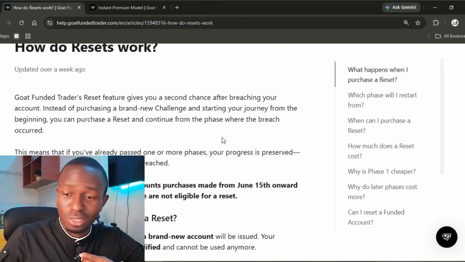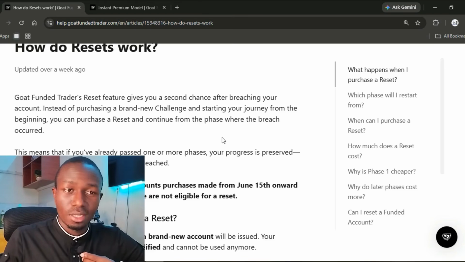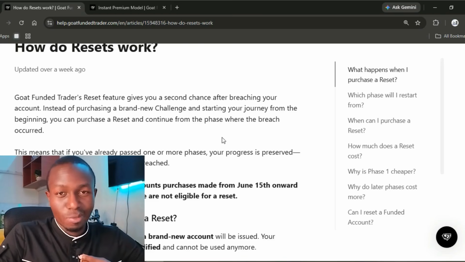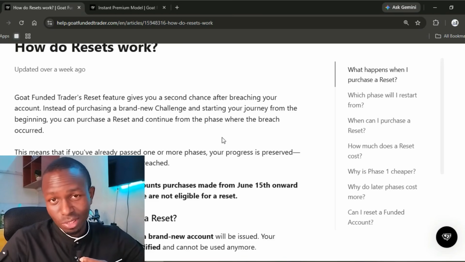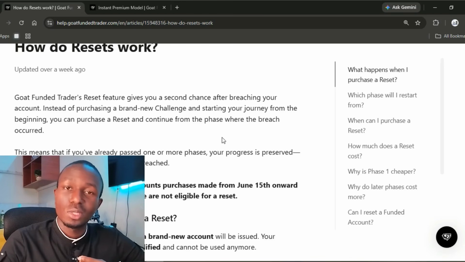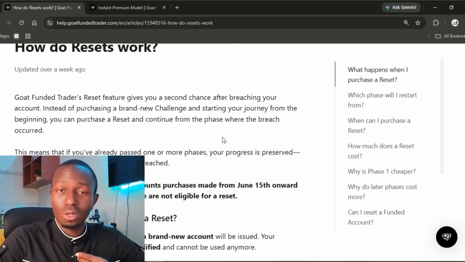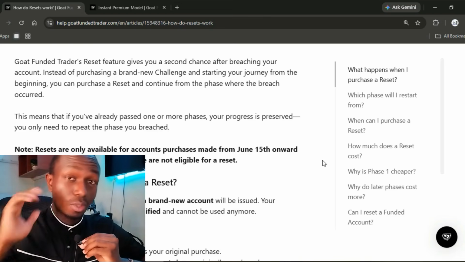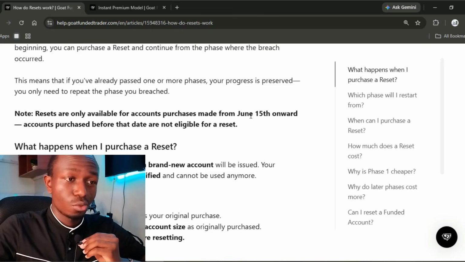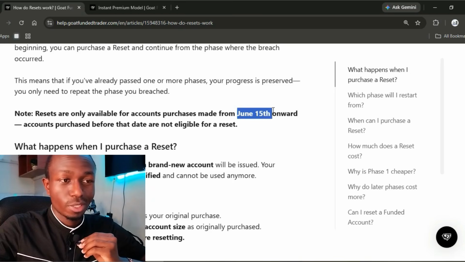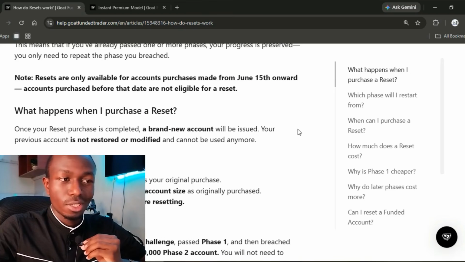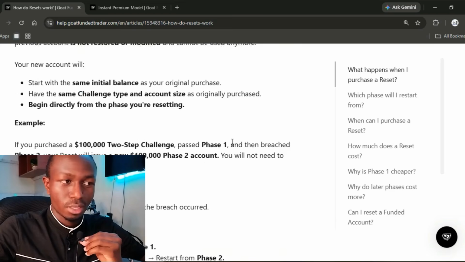You open some positions, you make a mistake, you put the wrong lot size, something like that. Now you can reset your account. If you're funded, you can reset it and get a funded account back. You don't have to go back to phase 1 and all of that. This feature is only available to accounts that were bought after June 15th.